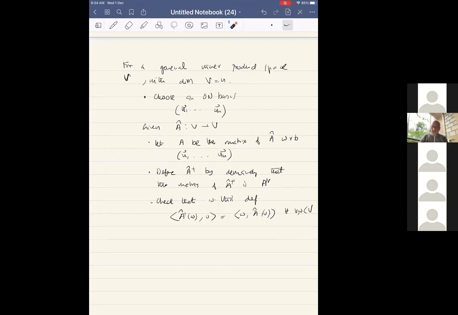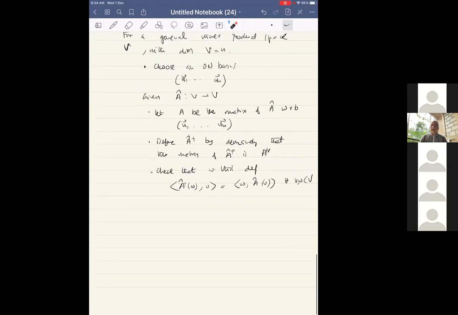Okay, so to summarize, we have defined for a real inner product space the notion of an adjoint of a linear map. To every linear map, you associate another linear map, called its adjoint. It's defined using the data of the inner product.